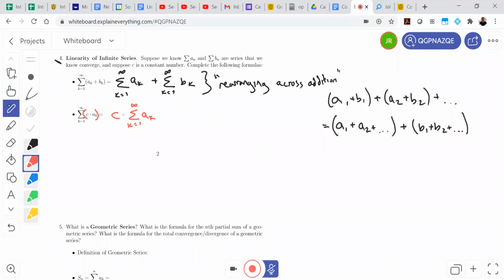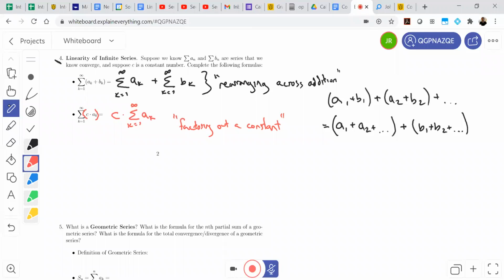Similarly, for the c's, what we have here is c times the sum. Again, this is like factoring out a constant. This is something that we're very comfortable with when we have a finite sum of numbers, but something that we should be less comfortable with when we're dealing with an infinite set of numbers.